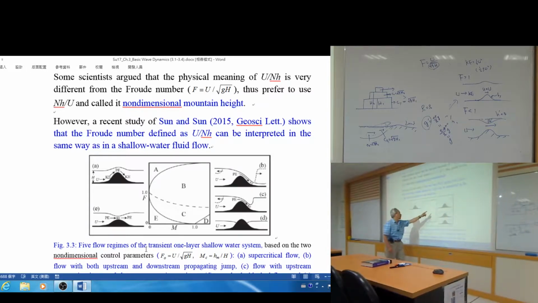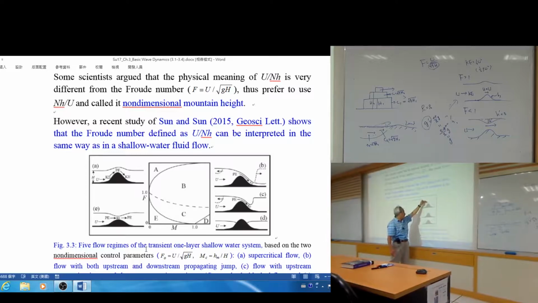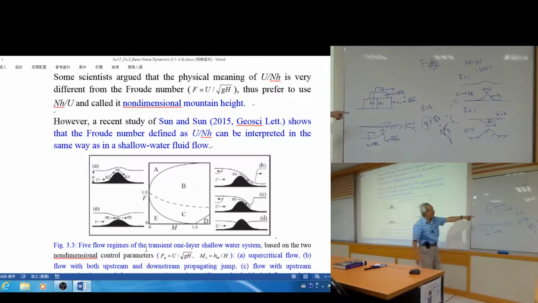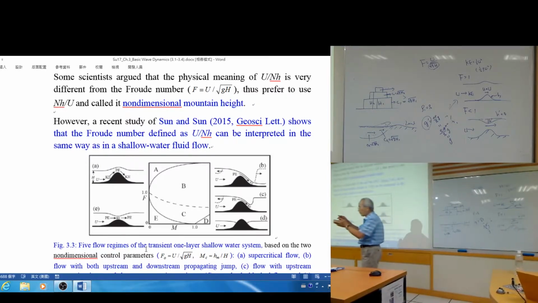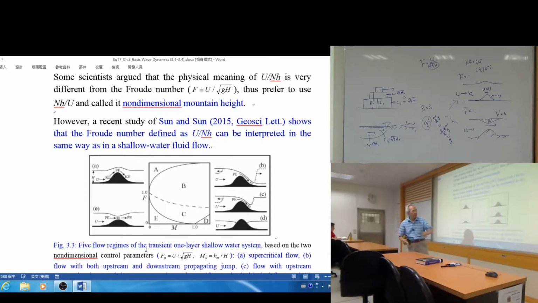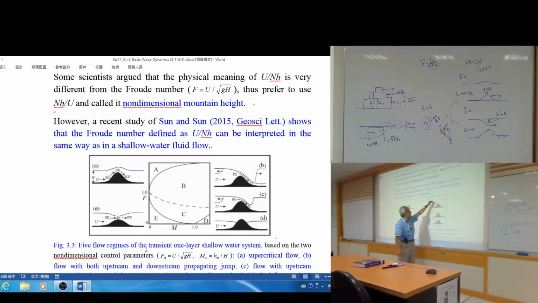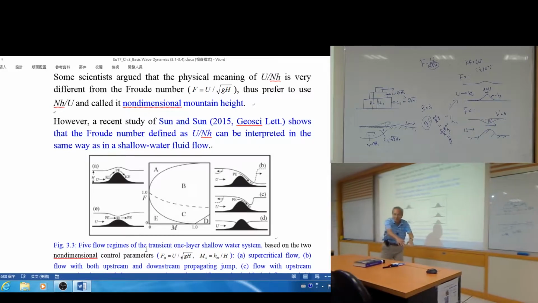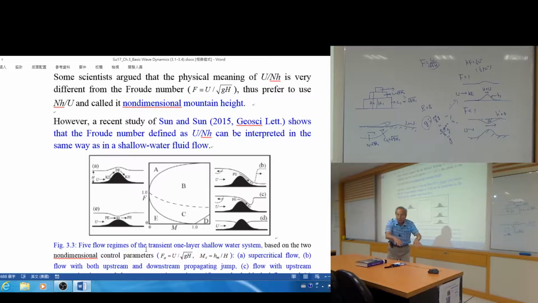But since it's critical, the square root of gH is close to U. So here you can develop a very strong downslope wind, and when the downslope wind rushes downstream, because the downstream flow is slower, we have rushing flow and then strong convergence and develop a jump. You know what I mean?